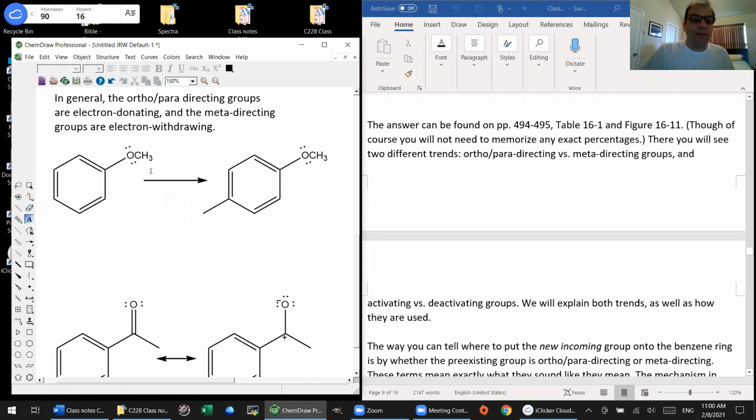Oh, I forgot to put in the actual reaction. Nitric acid and sulfuric acid. Oops, did that wrong. Well, again, I will put down whatever I need to put down based on what the notes say I need to put down.